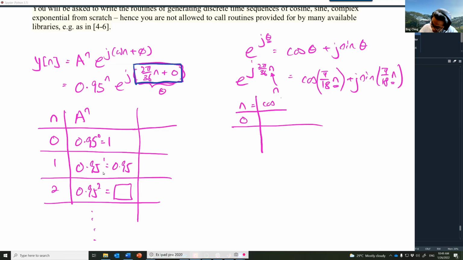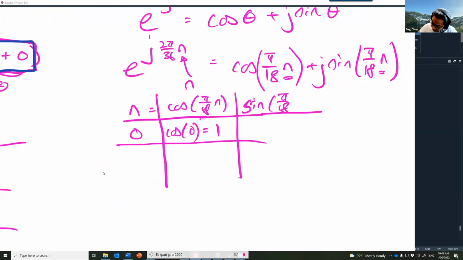So we have cosine π over 18 n. What is this value? It is cosine 0. Cosine 0 is 1. The second guy is sine π over 18 n, at n equals 0, so it's sine of 0. Sine of 0 equals 0. So the first value is 1 plus j0.